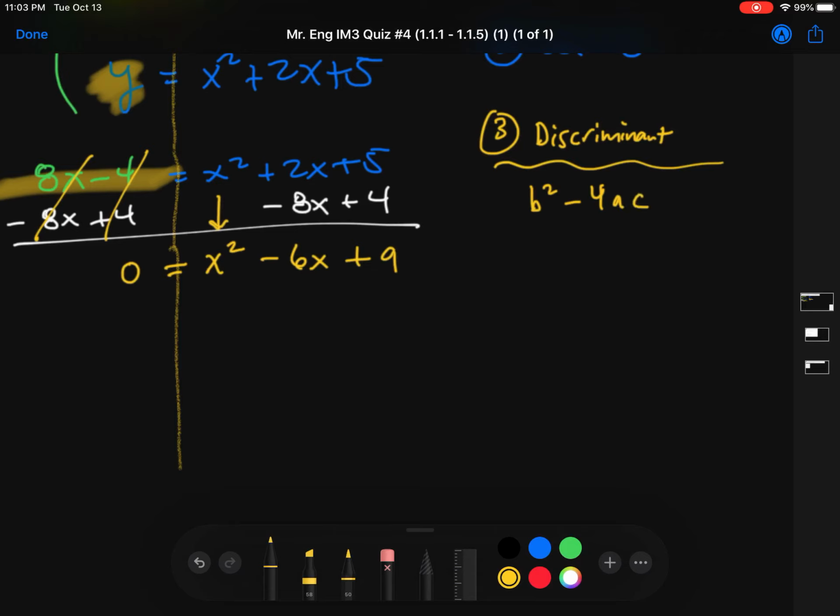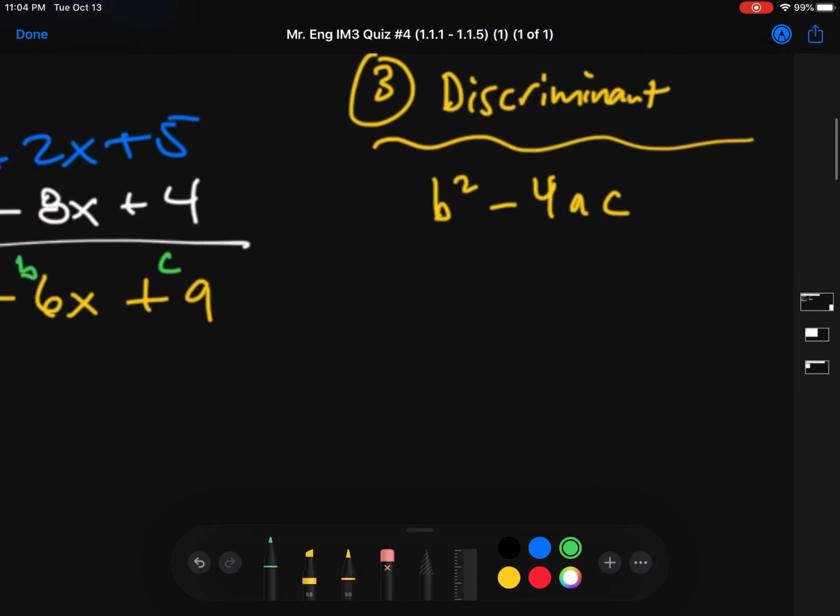This comes from underneath the square root of the quadratic formula. And so I'm just looking over here to my left, and remember a, b, and c. There is nothing in front of x squared, that is a 1. B is negative 6, c is 9.